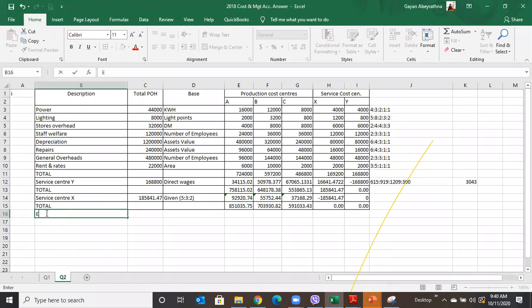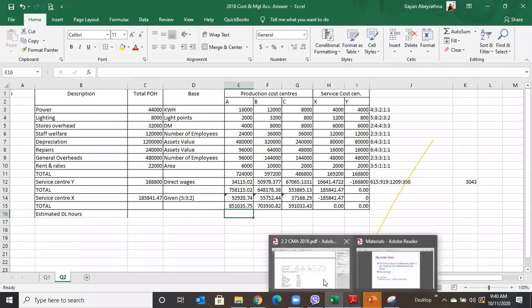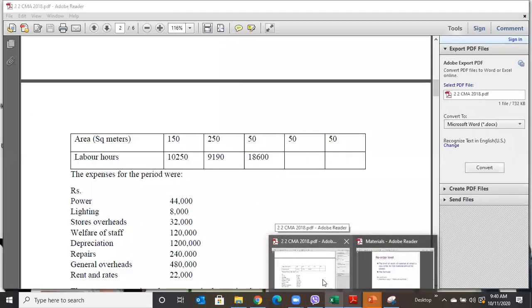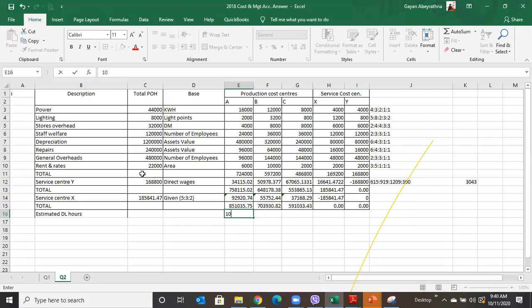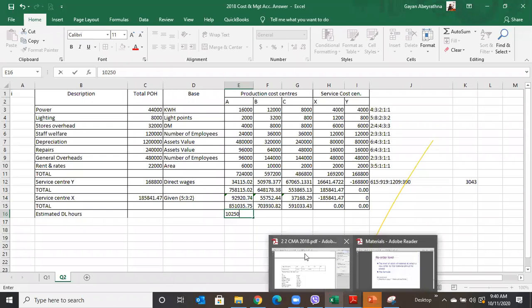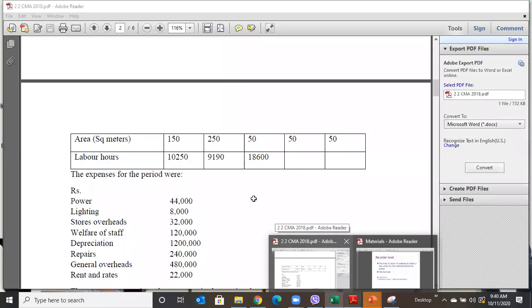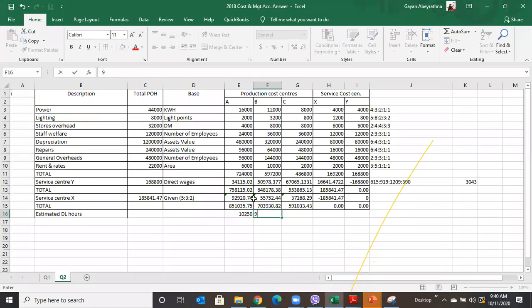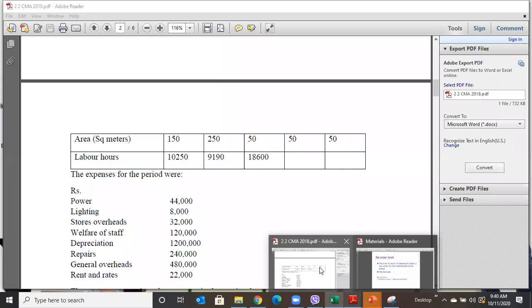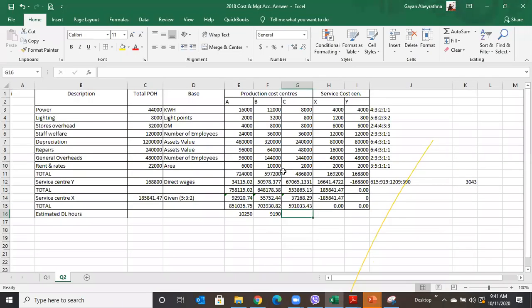Estimated direct labor hours: 10,250, then 9,190, then 18,600.